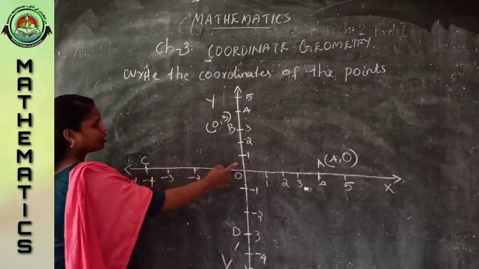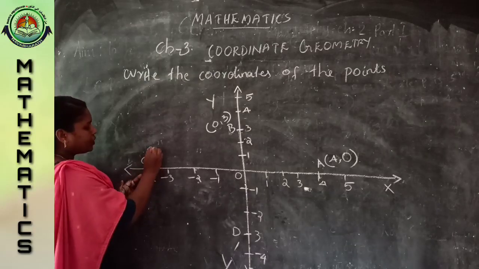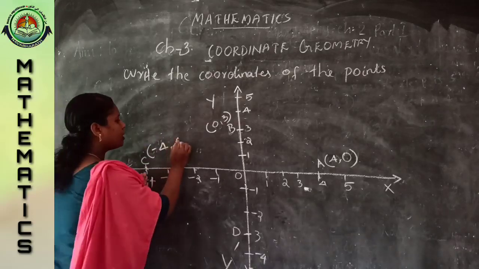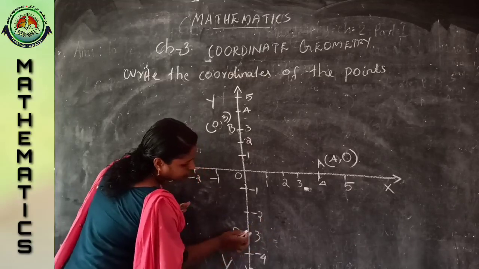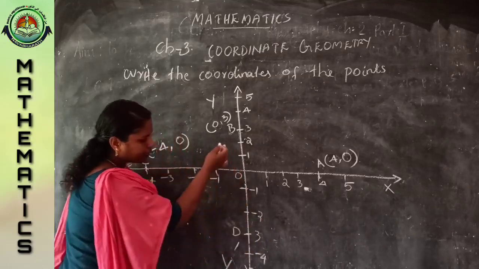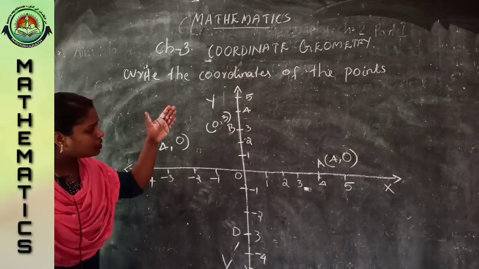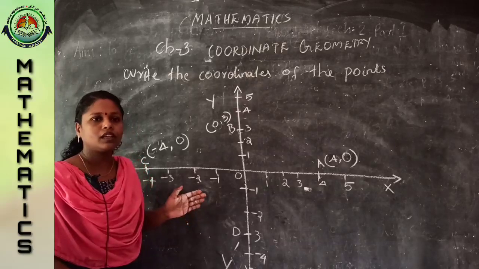Point C is on the x-axis at negative 4, so it is negative 4, 0. For D, the y coordinate is negative 3, and it is on the y-axis, so the x coordinate is 0.